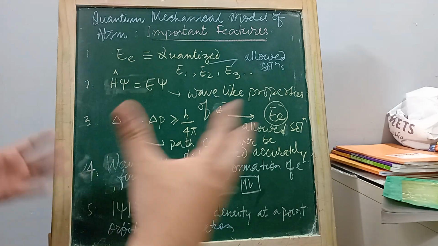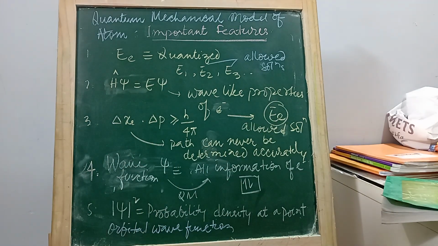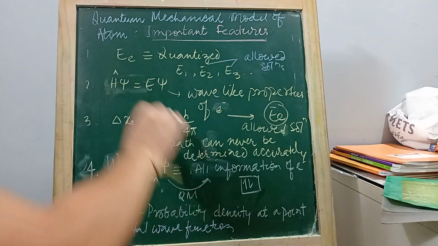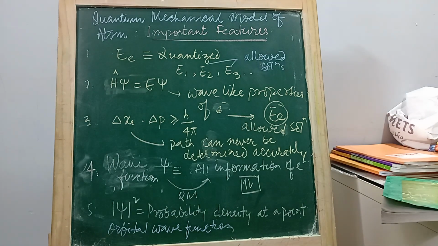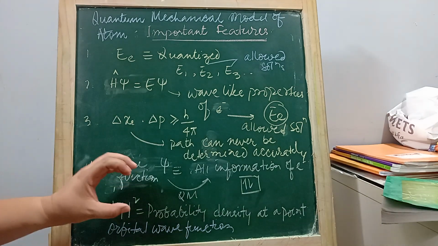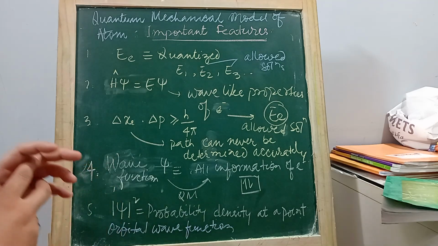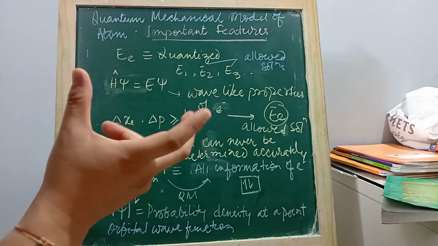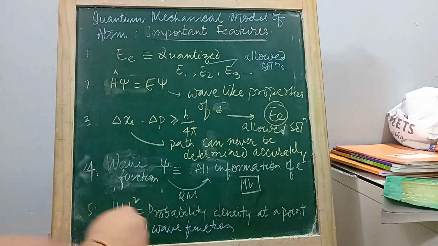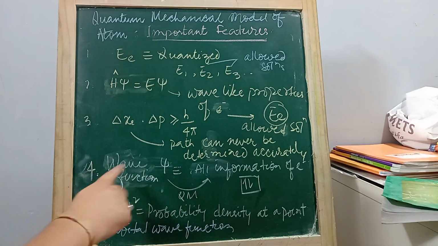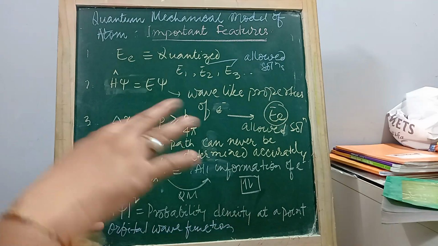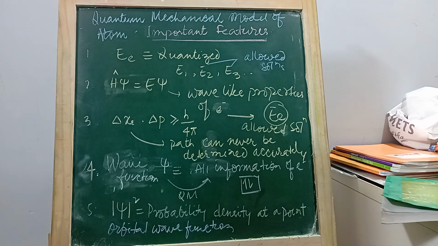All the information means where it will be and how much energy it will possess. These are the information that can be extracted from the wave function through quantum mechanics, through Schrodinger's mathematical equation. Although the atomic orbital of an electron doesn't have any physical significance, it's just a number, the square of the orbital wave function gives us the probability density, which means the probability of finding an electron at that point in an atom.